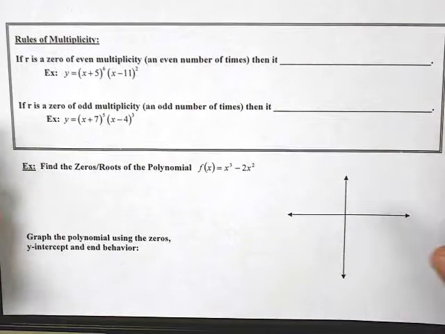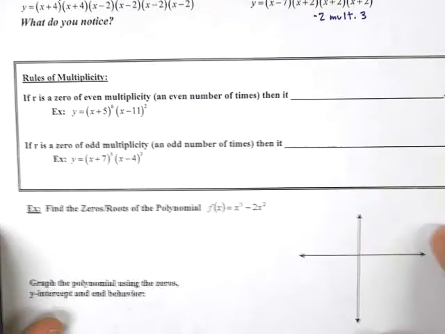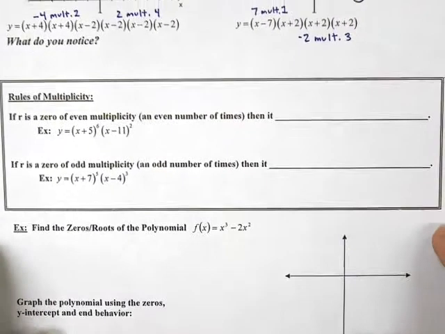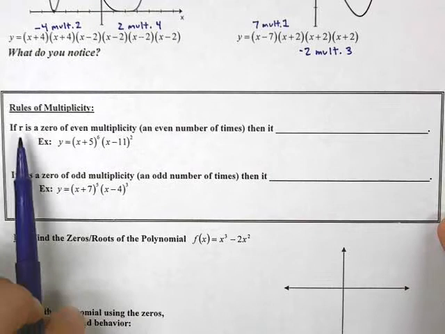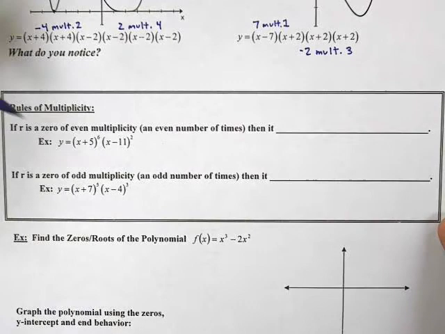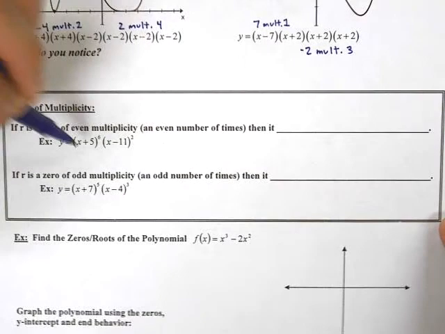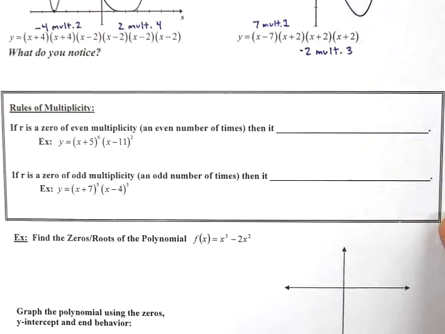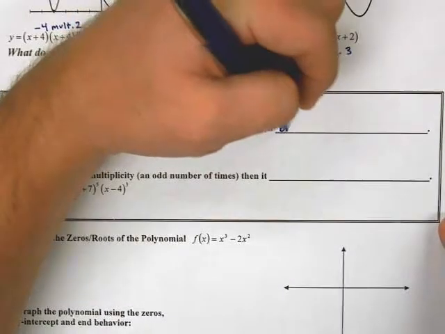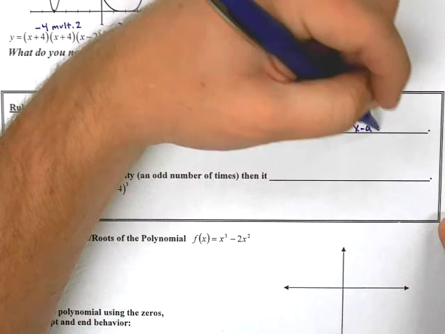As we come down here to the bottom. Oh, sorry, let me fix this. Okay, what we are going to say is that if r, or the power, if r is a zero of even multiplicity, so if my factor has even multiplicity, then it brushes the x-axis.